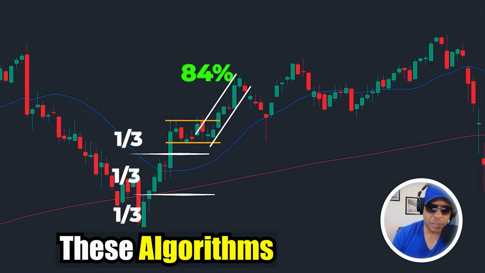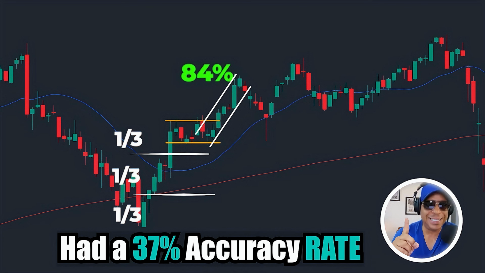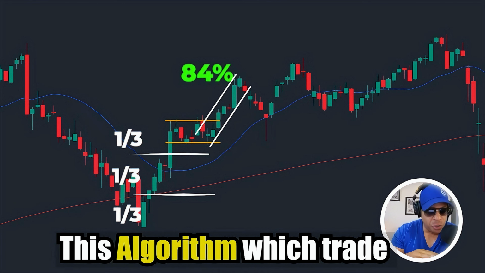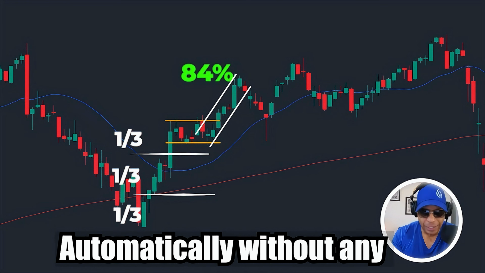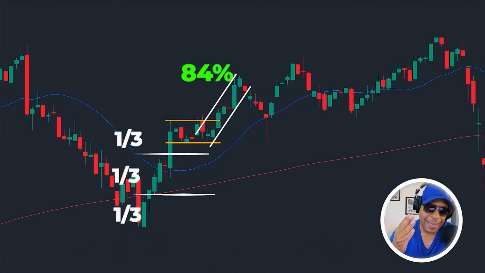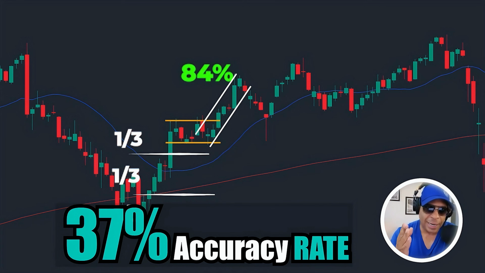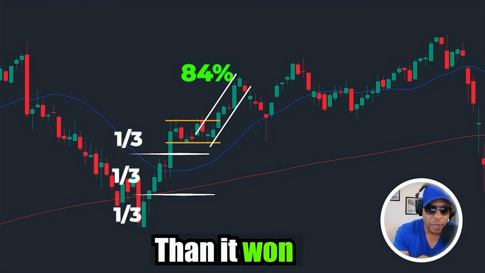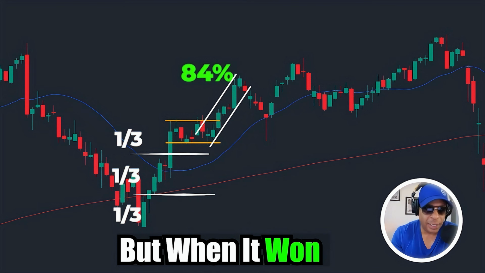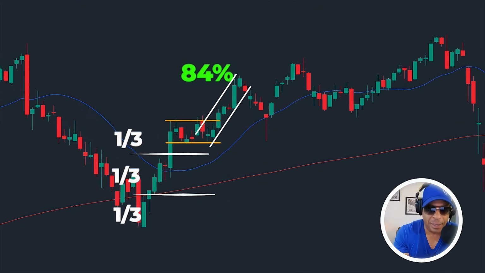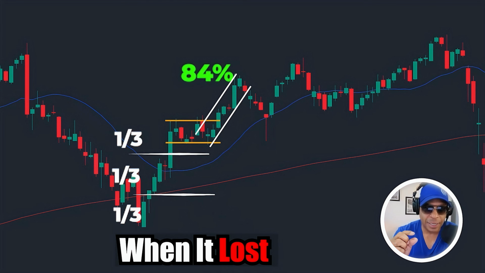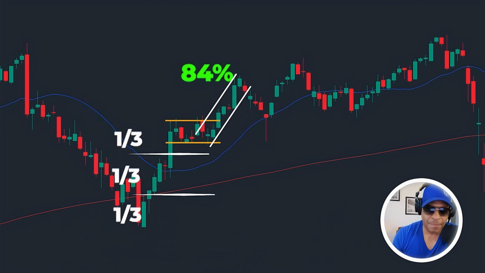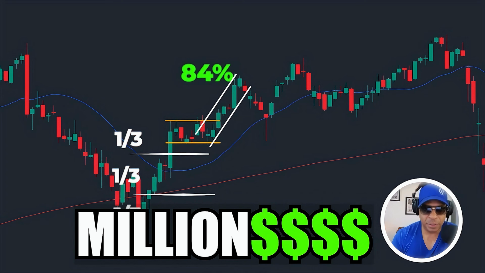These algorithms had a 37% accuracy rate, which means that this algorithm, which traded the markets automatically without any human intervention, lost more frequently than it won. But when it won, it won big, and when it lost, it lost small. With this 37% accuracy rate, it made millions.